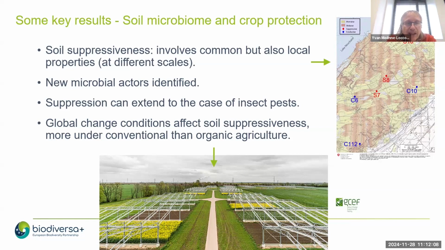A third main result is the fact that in the case of insect pests, soils that are suppressive towards disease can also reduce damage caused by insects. And global change conditions will affect soil suppressiveness, especially under conventional agriculture conditions. And this is what we've seen using the setup at the bottom here, where we can manipulate the amount of rainfall. Okay, next one, please.